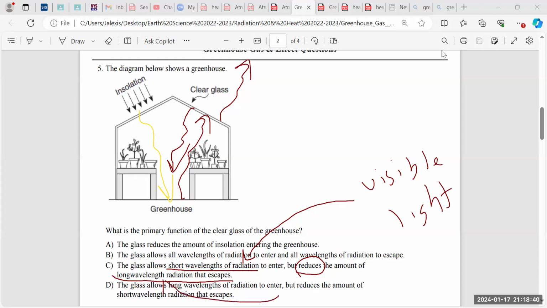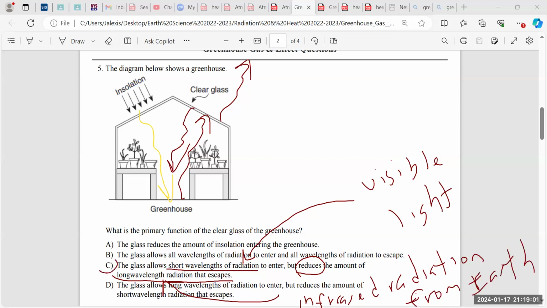Remember, one example of a long wavelength radiation is the infrared radiation that comes from the Earth. So the correct answer is choice C.